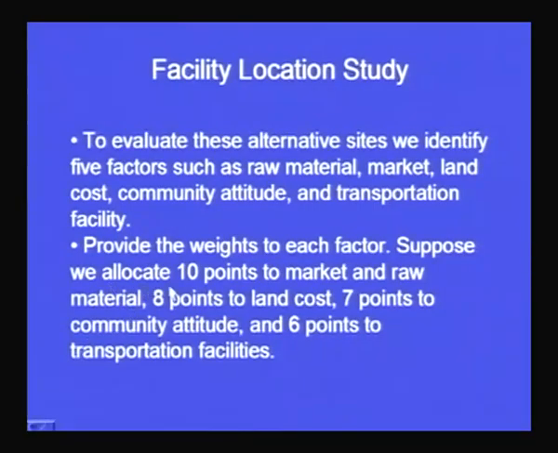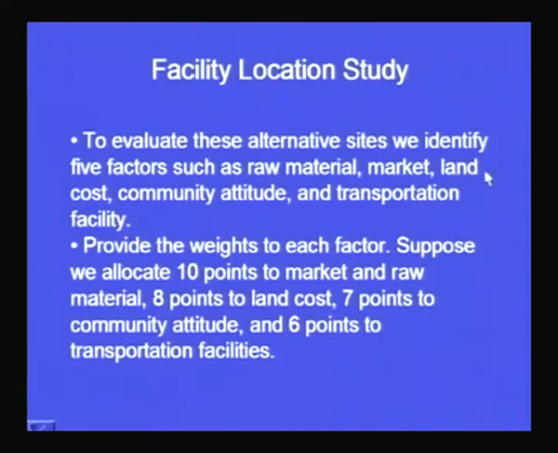Suppose we allocate 10 points to market, because market governs the business. So, we give the maximum weightage to the nearness to the market, and raw material is also very important. So, a weightage of 10 is given to market and raw material, 8 points to land cost, which was one of our factors.